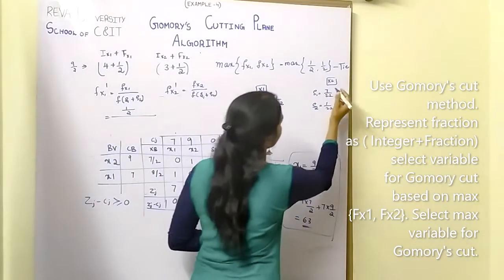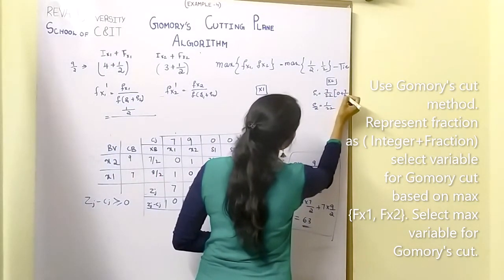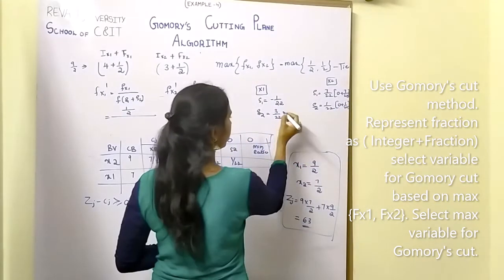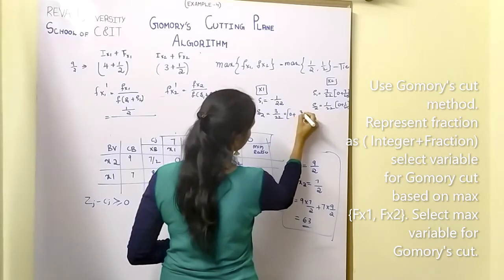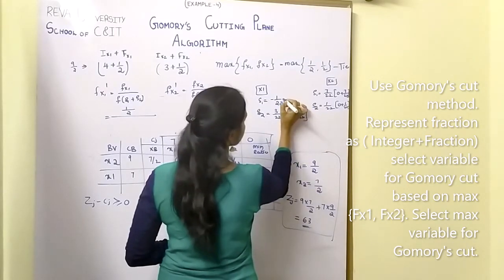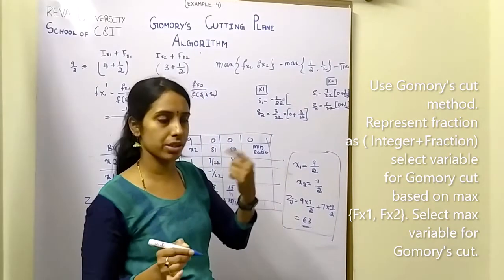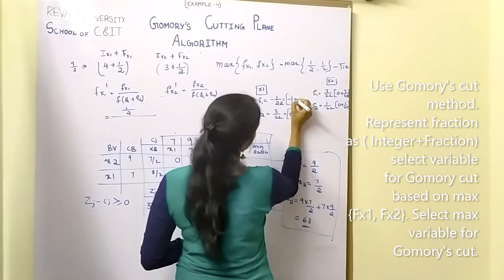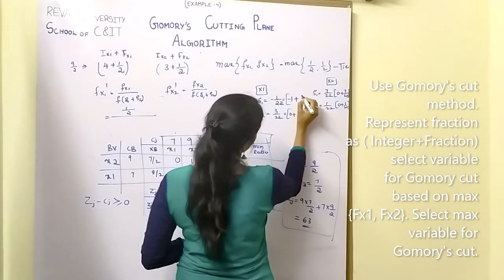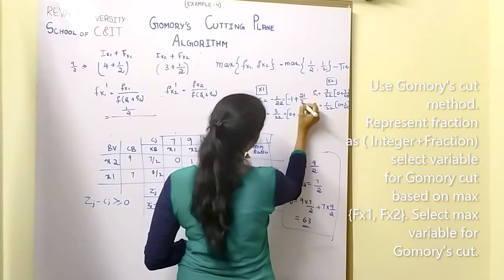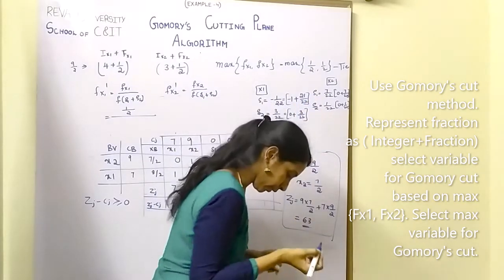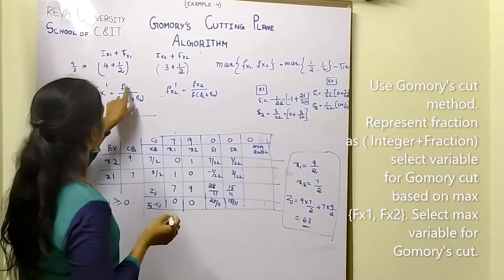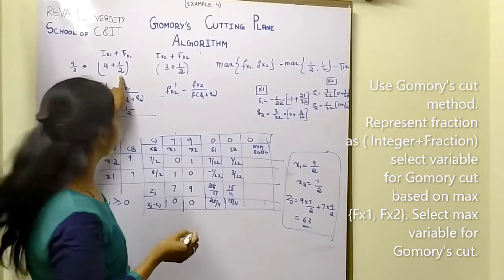So here again you have to write this as integer plus fraction. Since it is minus, we can write this as minus 1 plus 21 divided by 22. Now use the formula. Fraction part of f of x1 is 1 by 2.